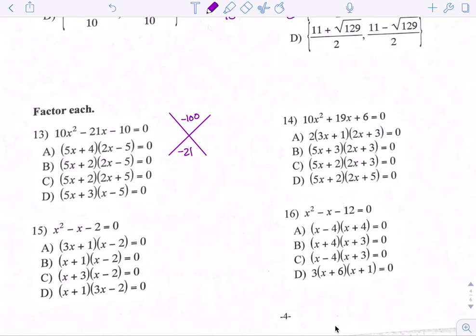That is negative 25 and 4. And remember, A is not 1, so you guys got to write the first term twice. 10x squared, 10x squared, so negative 25x and 4x. So divide top and bottom over here by 5x.